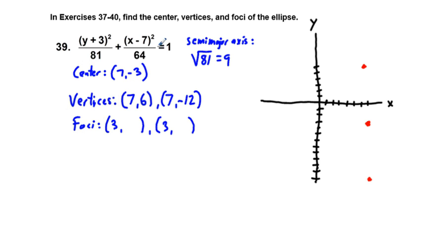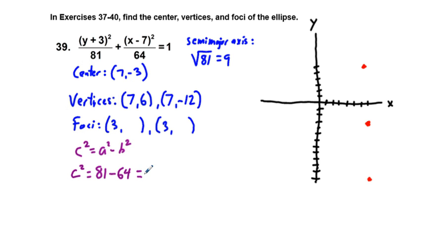Well, remember the formula for foci, which is going to be c squared equals a squared minus b squared. And so c squared is going to be equal to, well, a squared is going to be 81, and minus b squared, well, b squared is 64.